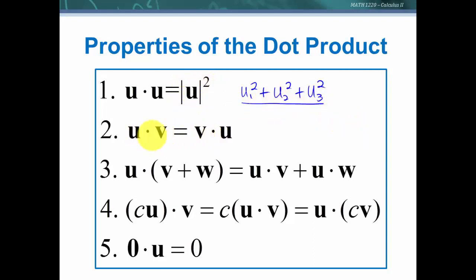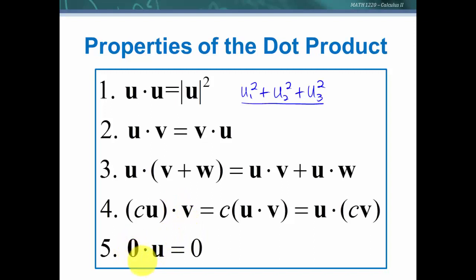It doesn't matter which order, it commutes, because when we dot these, we are just simply doing real number multiplication, and that is commutative. It also is distributive. It also then is associative with a scalar, and all of these are based on the fact that when we do the dot, we are working with multiplying and adding real numbers.